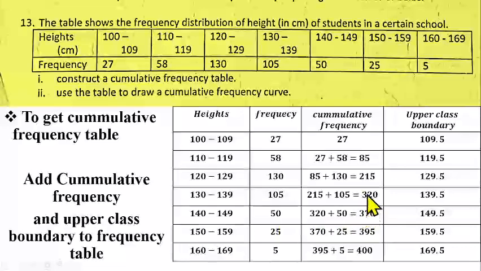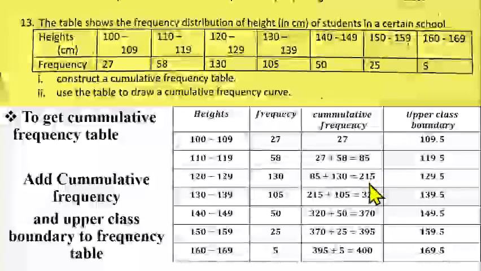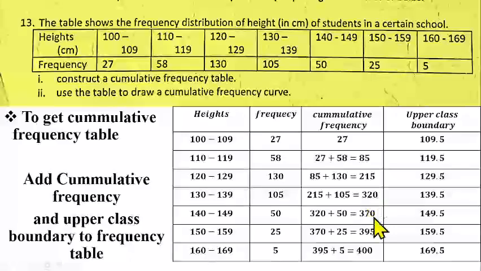The next one, 320 plus 50, that'll be 370. The next one, 370 plus 25, 395. Then the next one will be 395 plus 5, that gives us 400. So it will be like this. We have been able to cumulate our frequency to get 27, 85, 215, 320, 370, 395, 400.